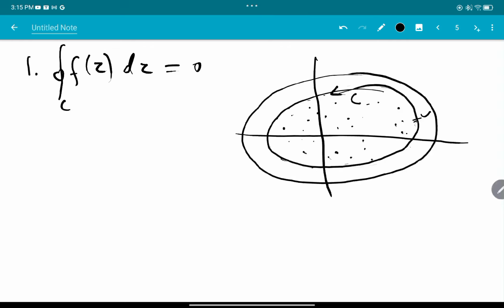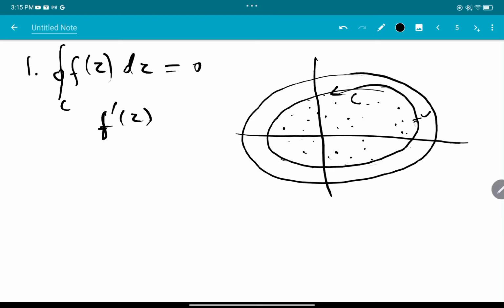When Cauchy actually stated his theorem, this is his theorem. When he stated his theorem, he stated one more condition that it has to satisfy: that the first order derivative f'(z) of f should be continuous at every point on the curve and inside.